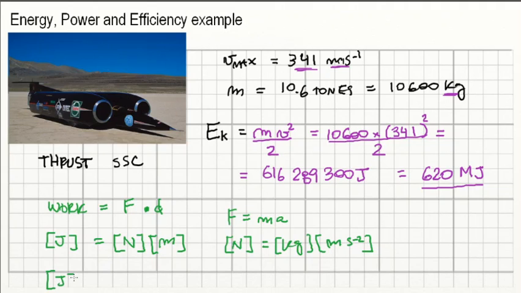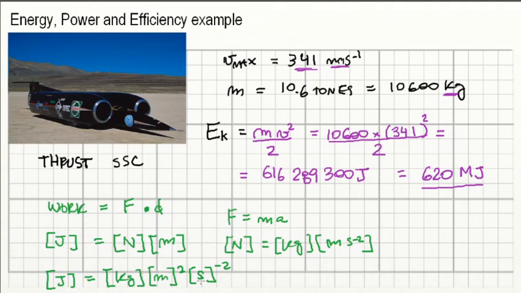So we finally get that joules could also be described in the units kilogram times, well, there's this meter here with the other meter there, so meter squared. I'll just keep each one separate, so meter squared and seconds to the -2.